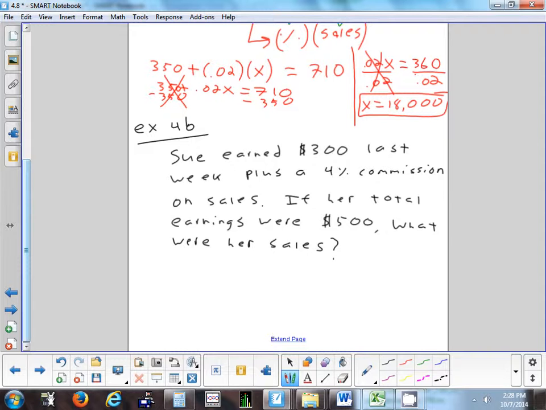Okay, notice the setup of the problem. It's almost the exact same thing, and we're going to do this on the test too. It's just different numbers. A different salary, a different percent, and a different total earnings. But it's the same steps. You're just using 3 new numbers. That's all. Okay, so try this commission one on your own, and then in about 3 minutes, we'll take a look at it together.